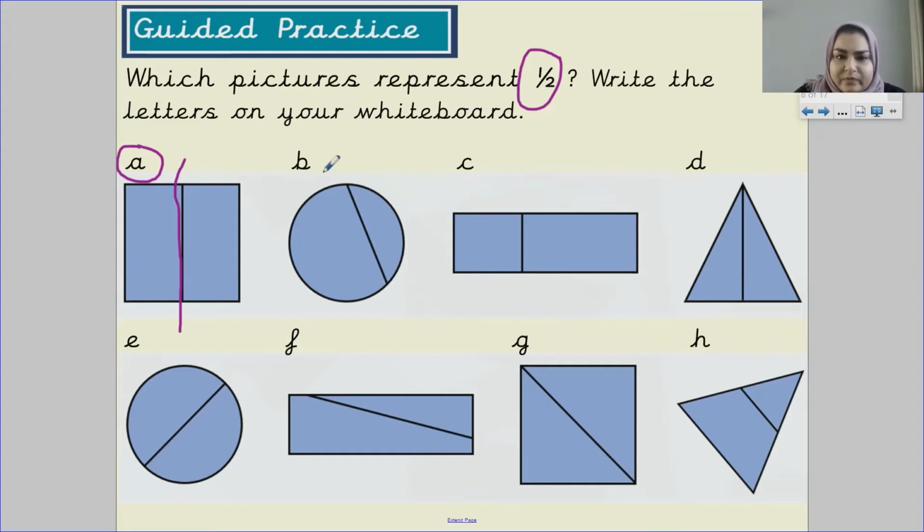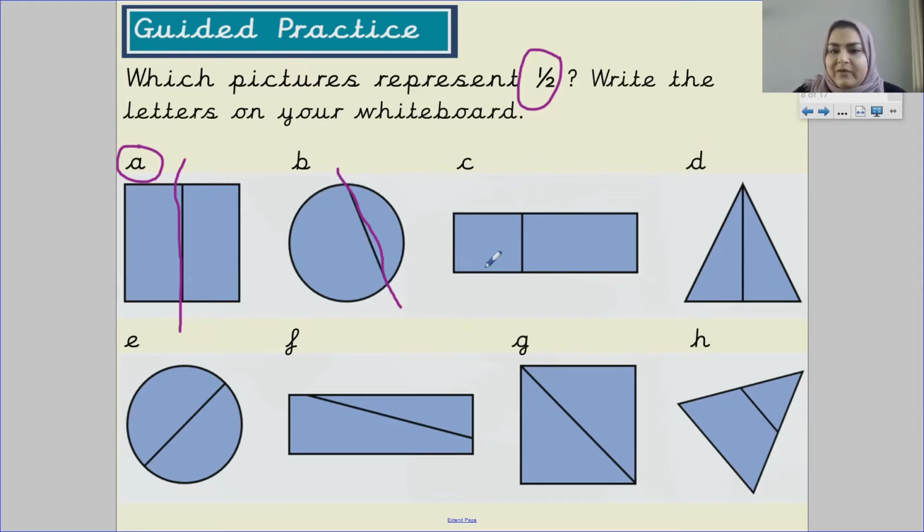Now, if you have a look at this circle, the line is over here. If I look at my parts, one part is bigger and the other part is smaller. So that means that those are unequal parts. If they are unequal parts, does that mean it's a half? Is it representing a half? No, fantastic. So that is not representing a half.